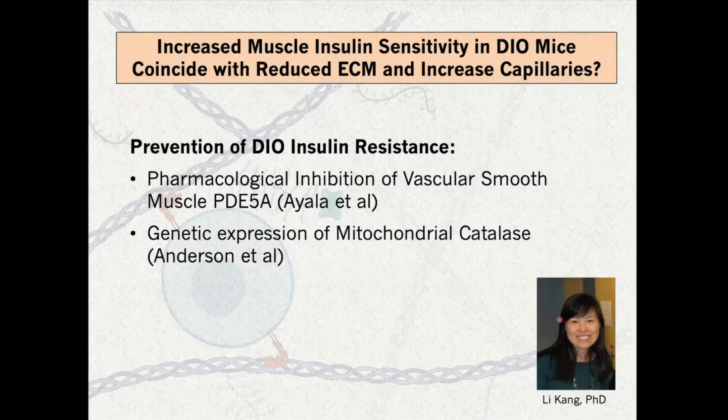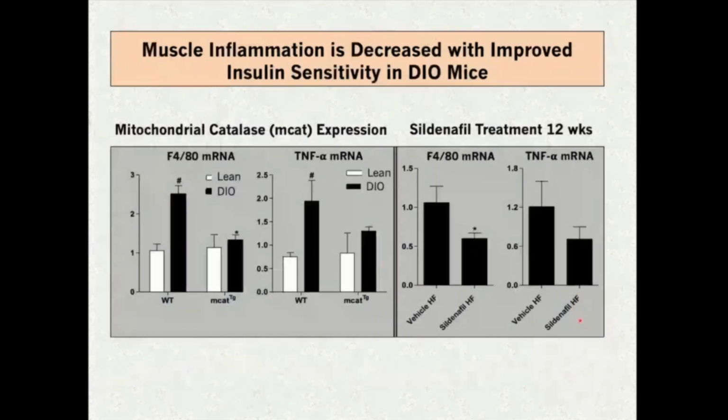These were studies done by Li Kang. And what I want to show you here, the mitocatalase expression is shown in this first panel. And this is F480 and TNF alpha, both markers of inflammation.